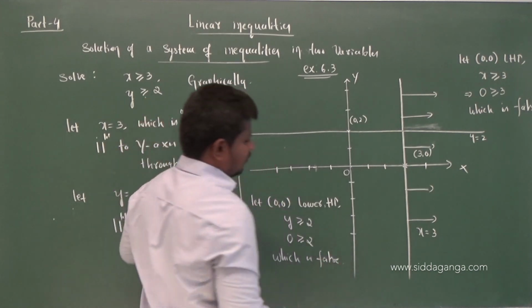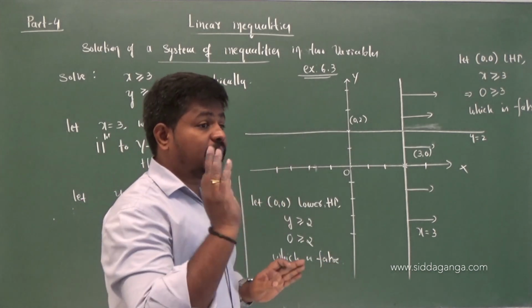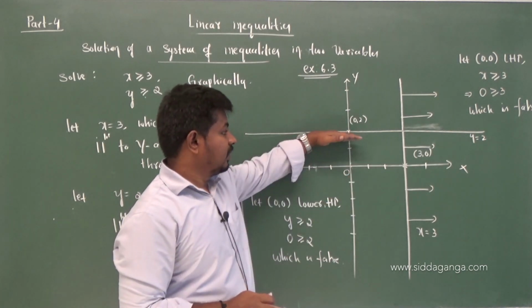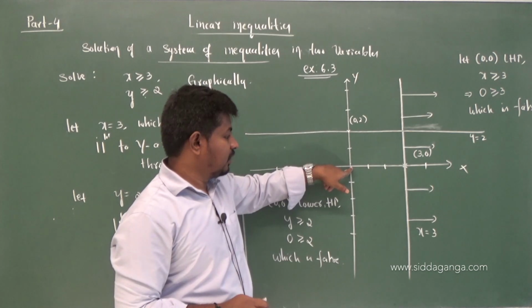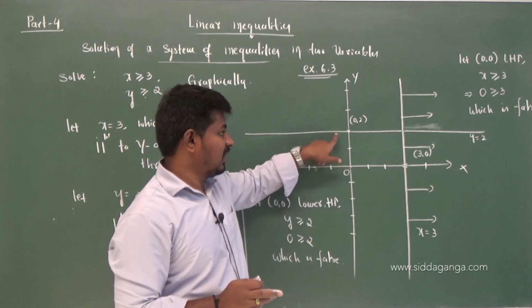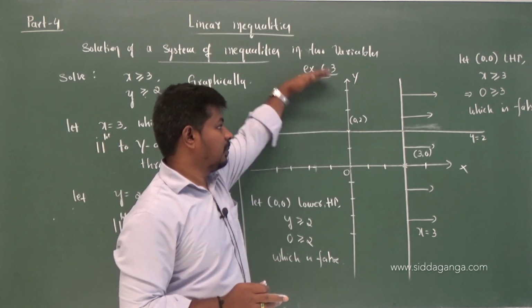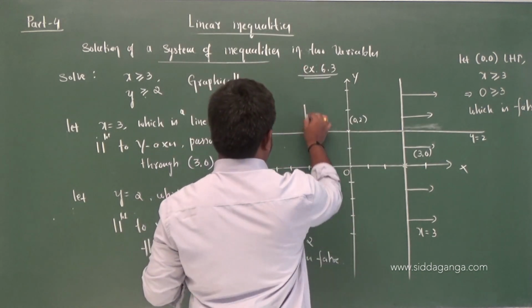So your solution region is the region opposite to the region from which I have taken the point 0 comma 0. Point 0 comma 0 lies in the lower half plane of this line, so the solution region becomes the upper half plane.